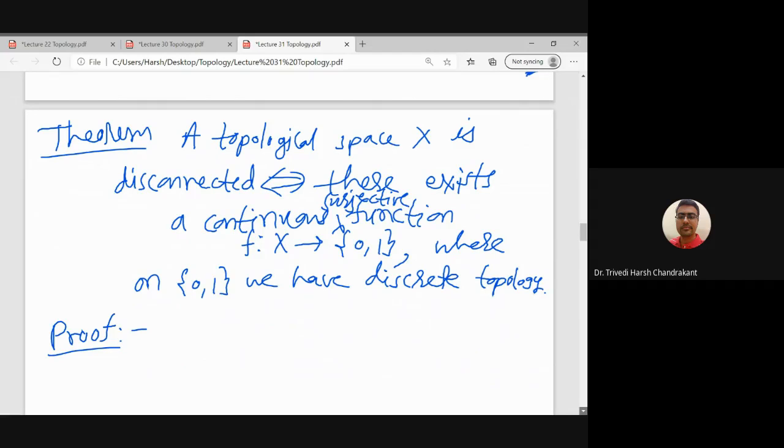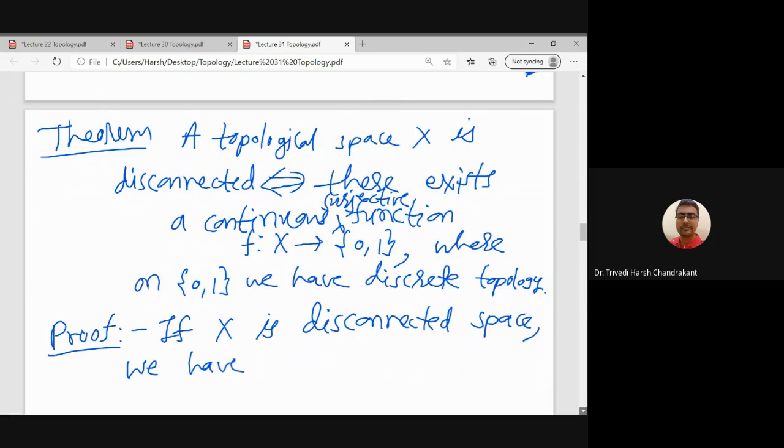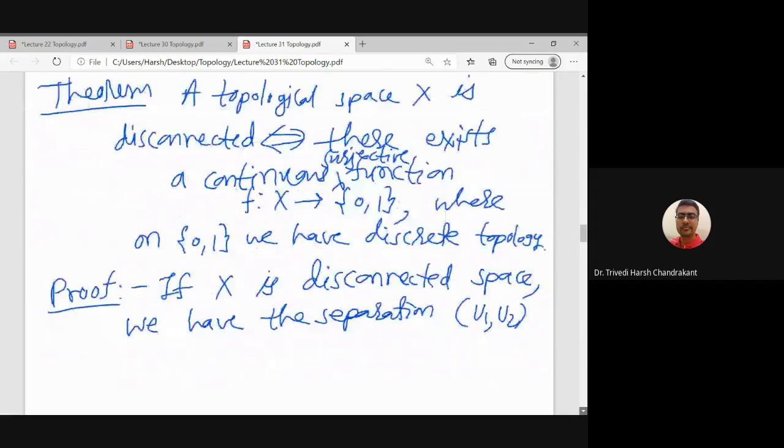So what is the proof of this theorem? Let us start with a disconnected space, and let us try to define such a function f on that. So if X is a disconnected space, we have the separation U1, U2, right?